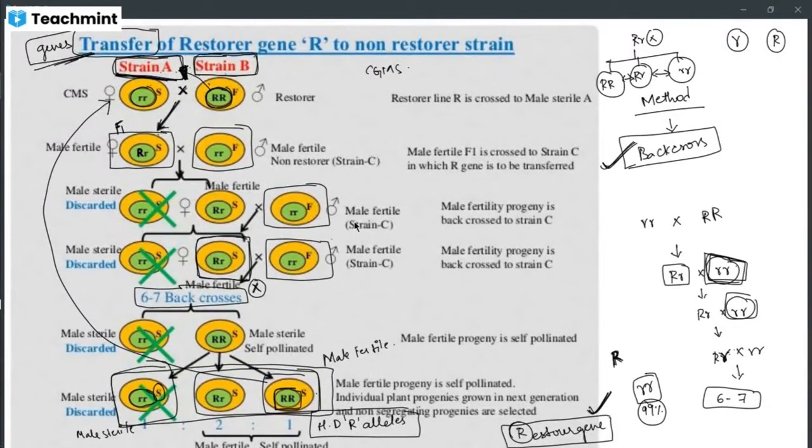Sir, we are transferring the restorer gene from strain B to strain A, right, sir? No, no, no. You can transfer from any strain to any strain. Not only strain B, but here we are using strain A as the recurrent parent, right? Yeah, and strain A contains sterile cytoplasm.